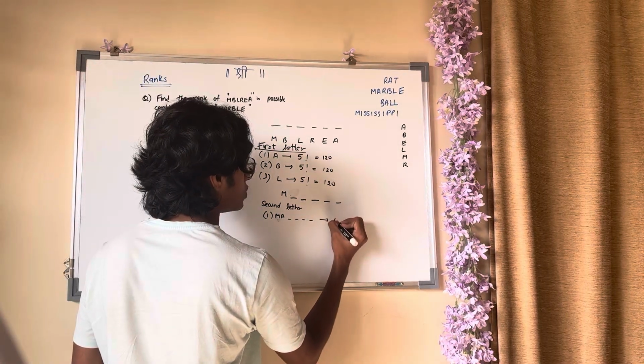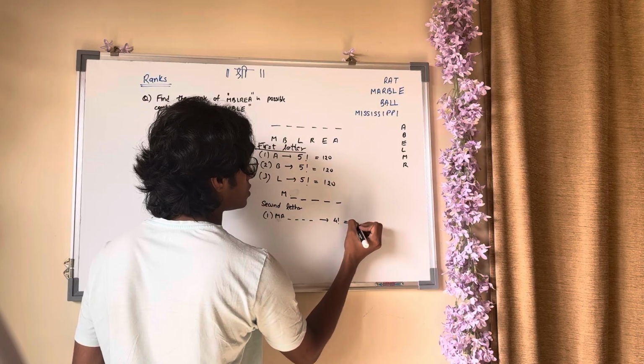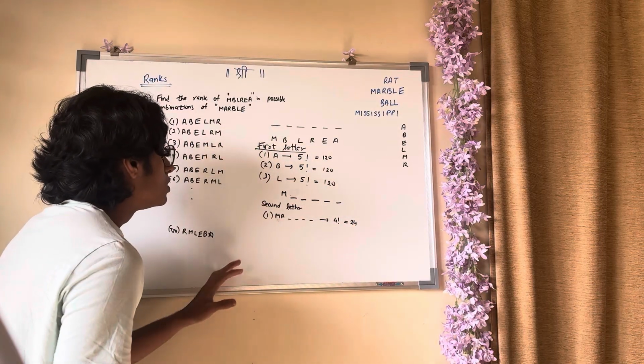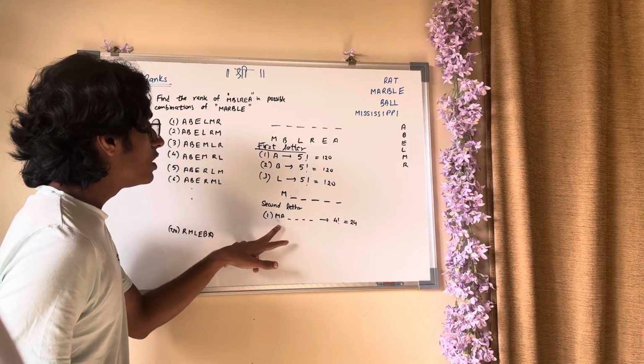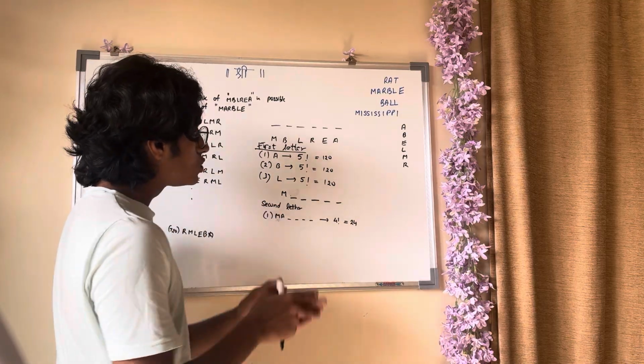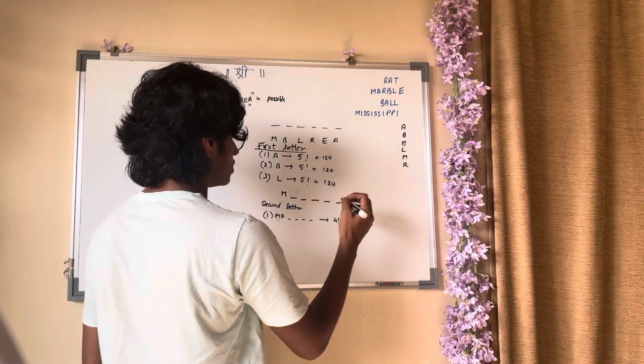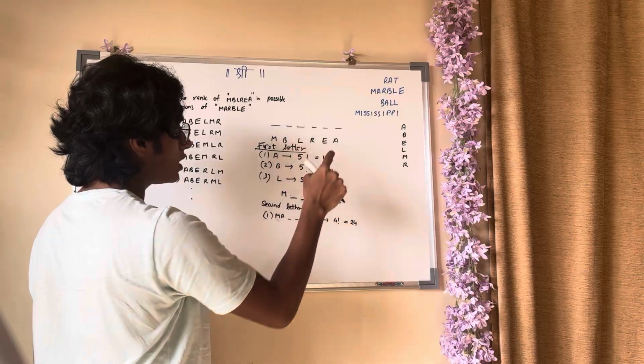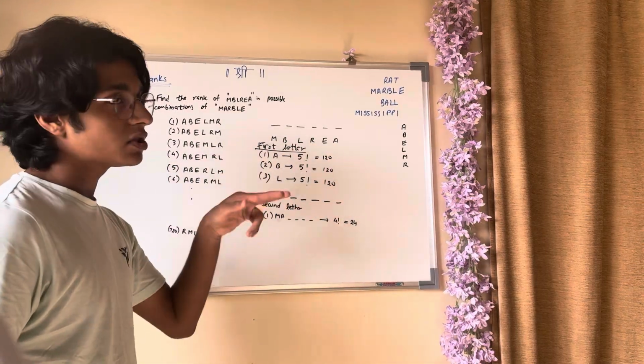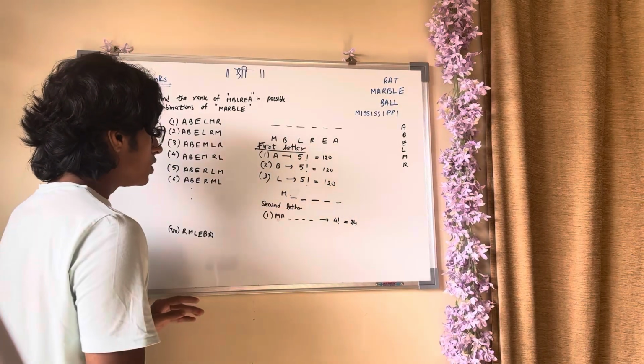So this gives 4 factorial, that is 24 words. Now after A we have B. So we also know that the rank of the word MBLREA is more than 360 plus 24, that is 384.